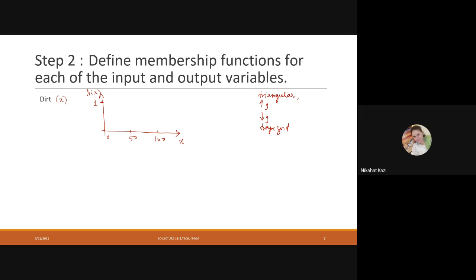For now let us assume that we are going to use only triangular functions. I'm not using trapezoid. I will solve one problem which uses trapezoid as well, so that you will get the hang of it, because when you use trapezoid, there is a range of values and the evaluation becomes a little tedious. As the functions complicate, the evaluation becomes more and more tedious.